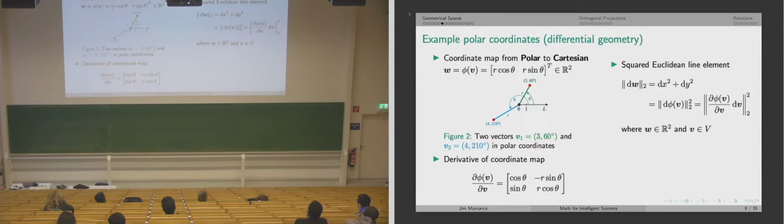times that thing times dv. So there's a step missing here, but by applying the rules of matrix multiplication with respect to transpose that we saw last week, you would end up being, maybe I write it on the board.